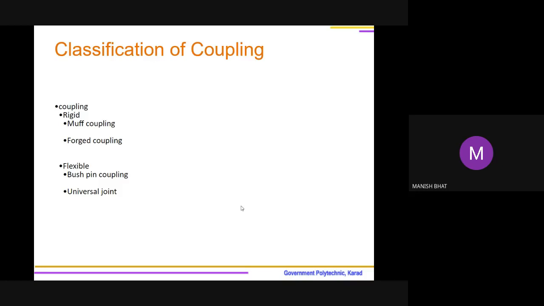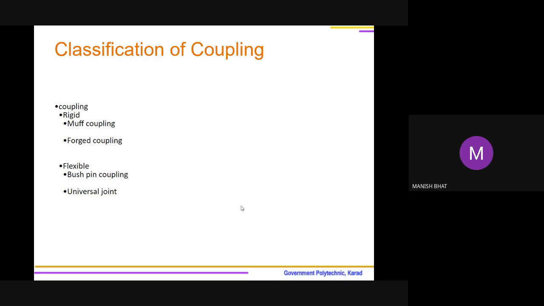Couplings may be rigid, and that rigid coupling may be a muff coupling, it may be forged coupling, or it may be flanged coupling.